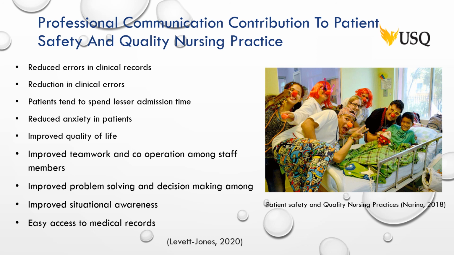Also, we have improved situational awareness, which makes it possible for nurses to identify future problems and strategize on ways to deal with them. This includes recognizing other capabilities, and cross-checking and contacting external sources if possible in order to solve the future problems which have been identified. Then we also have easy access to medical records, because through professional communication, it is easy for nursing staff to access the medical records and find out what they are looking for about a particular patient.